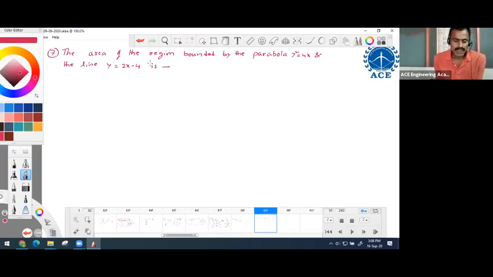So to find the volume, we can use a double or triple integral. A triple integral means we consider the function as 1. In the same way, to find the area of the region, we can use a single integral or double integral. Let us find the area of the region bounded by the parabola and the line by using a double integral only.